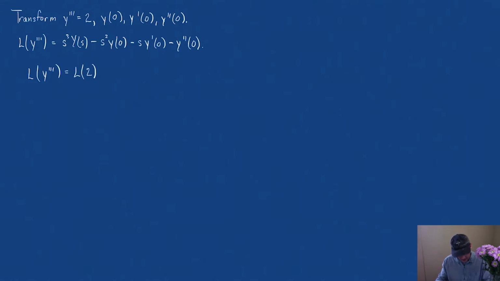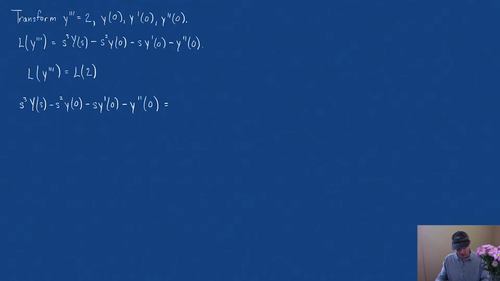On the left hand side I have s cubed Y of s minus s squared y of 0 minus s y prime of 0 minus y double prime of 0.